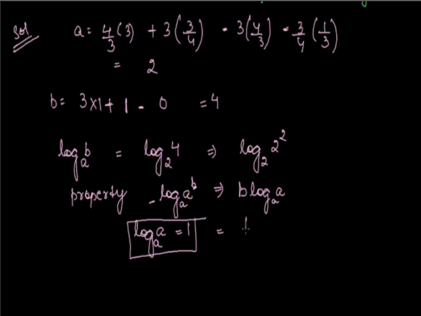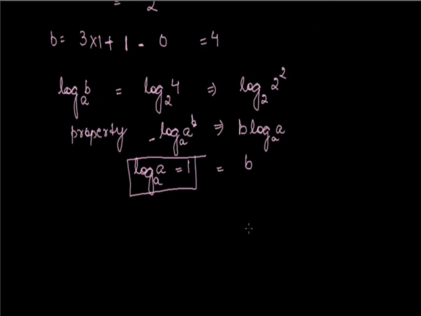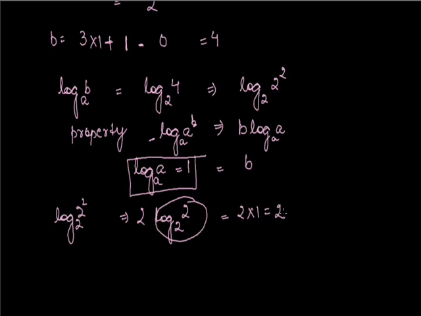So this will become B. By relating this to our answer, 2 from the power will come forward and log base 2, this part will become 1. So 2 into 1 will be 2.